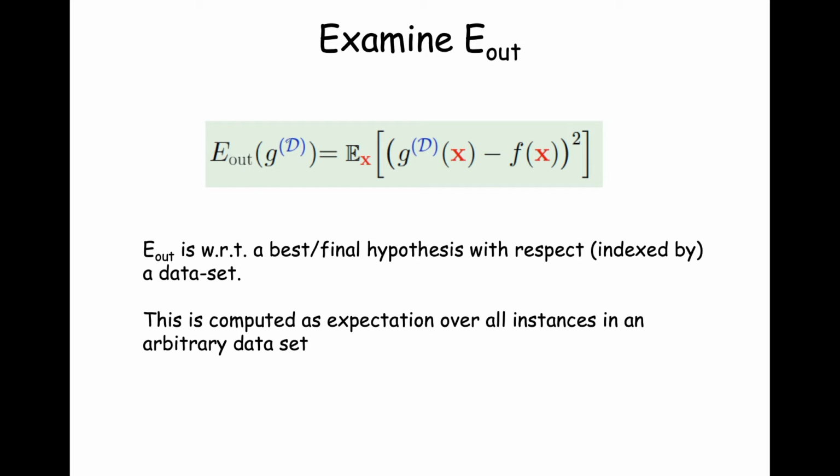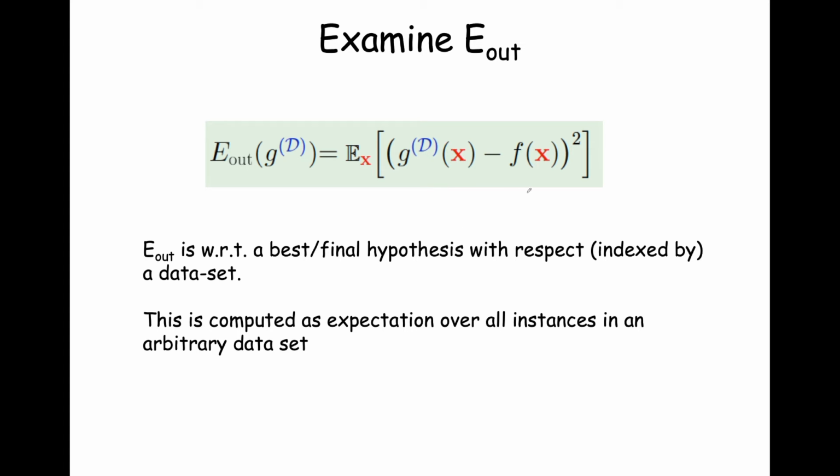And so here we index our final best hypothesis G by the data set, and we say our out-of-sample error is the expectation with respect to that probability over our vector instantiations of the square of the difference, so it's a squared error loss, between our final best hypothesis on each of those inputs in the data set and the unknown target function.